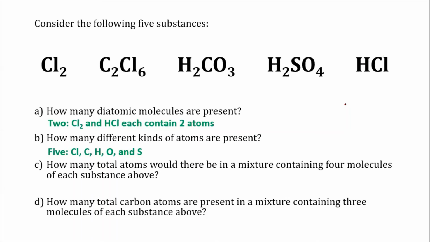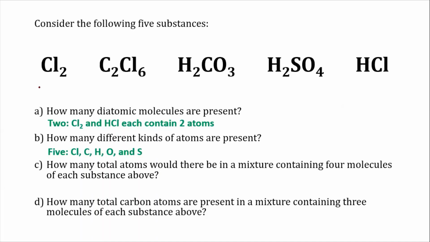So in order to solve this type of problem, you have to figure out how many atoms are in 1 molecule of each substance. You'll want to add that together to get how many atoms would be in a mixture of 1 molecule of each of the above. And then you can multiply that by 4 because we're actually dealing with a mixture that has 4 molecules of each substance above.